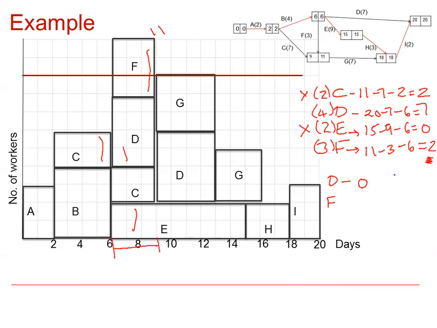Whereas if we look at F, it only has a float of 2, so if it's delayed by 3 days, it has a delay of 1. So the activity we want to delay is activity D, as this has no effect on the completion time of the project. So the project will still end in 20 days.